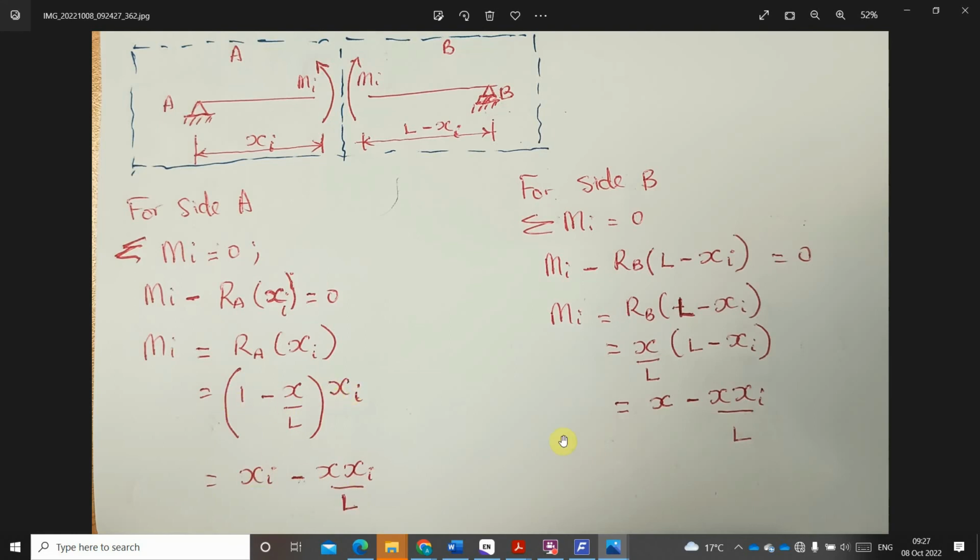Now looking at the two expressions, you can see that we have almost the same thing. So what it means is that at point I, we're going to have almost the same value. When we look at our moment diagram at point I, it is going to give us the same value at the mid span.